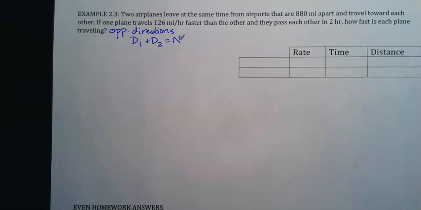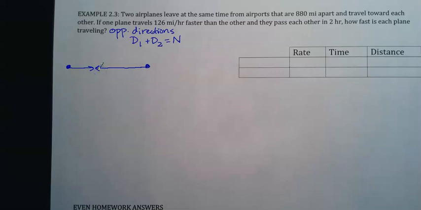Okay, so we've got two airplanes leave at the same time from airports that are 880 miles apart. So if I have an airport over here, and I have an airport over here, and I have these two airplanes leaving at the same time, traveling towards each other. That one line got really long.